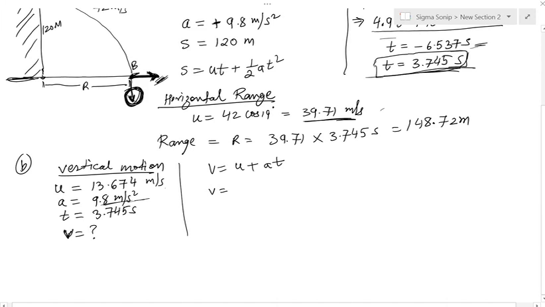So V at 3.745 seconds is 13.6745 plus 9.8 times 3.745, and that gives my vertical velocity of 50.375 meters per second. So just to repeat, at the landing point B, this is my vertical velocity.